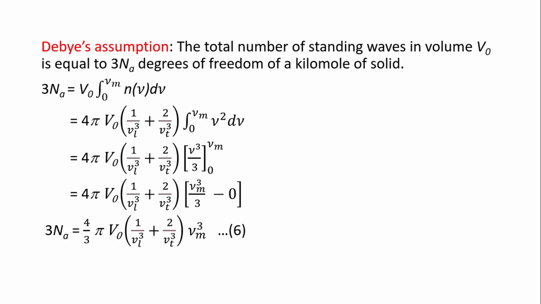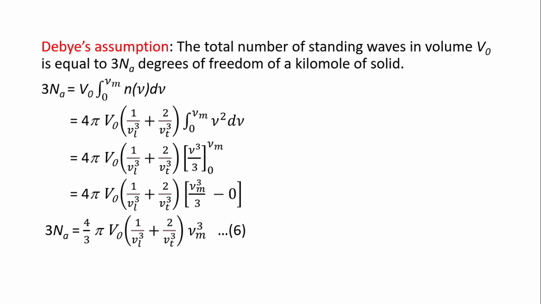We know that in a kilomole of solid, the number of atoms is Na, where Na is Avogadro's number, and each atom has 3 degrees of freedom, so there will be 3 Na degrees of freedom in a kilomole of solid.